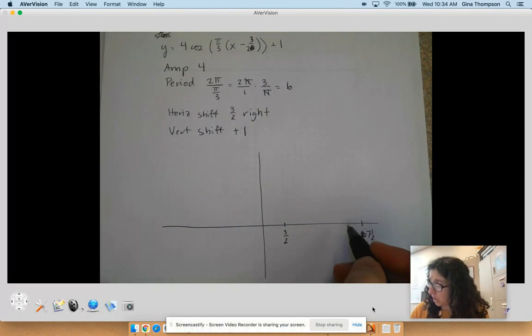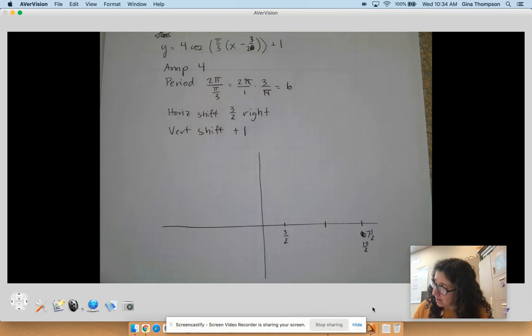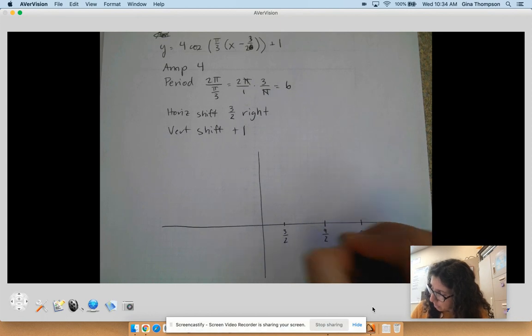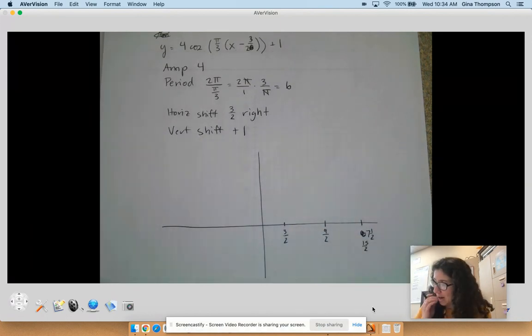So that's going to be one period. Halfway between that, 15/2 minus 3/2 is 12/2, which is 6. So half of that is 3. So if we add 3, that's going to be 9/2. Is that right? We'd go 6 here and 6 there. Yep. Okay, there's 9/2. There's halfway through.